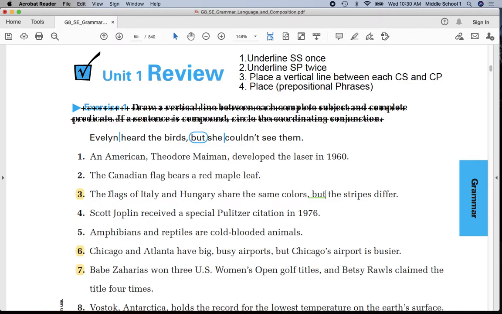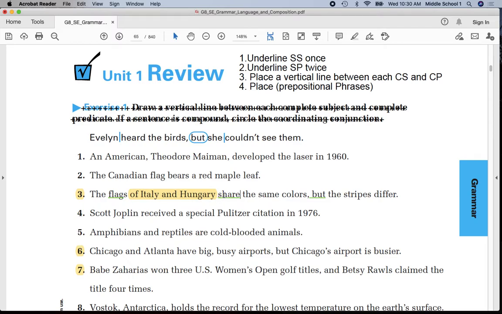So, flags, I'm going to underline flags once. I'm going to put parentheses around of Italy and Hungary. Flags, share. I'm going to underline that twice.